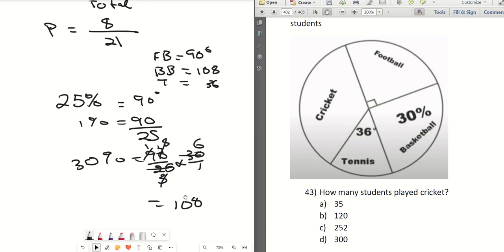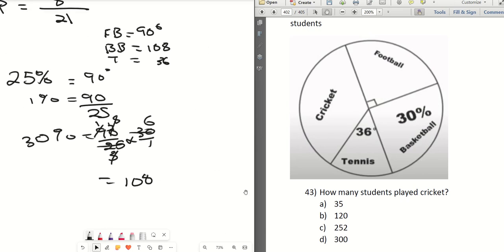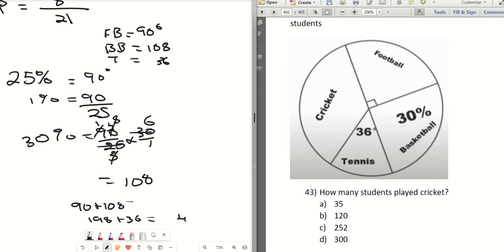So what you could do is simply add all of these and subtract it from 360. Why 360? Because a circle is 360. So 90 plus 108 is 198. 198 plus 36 is 234.